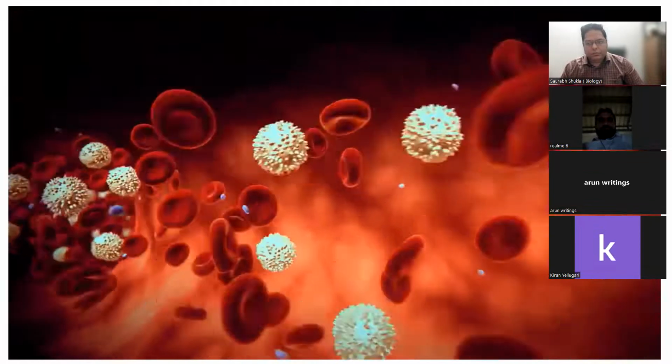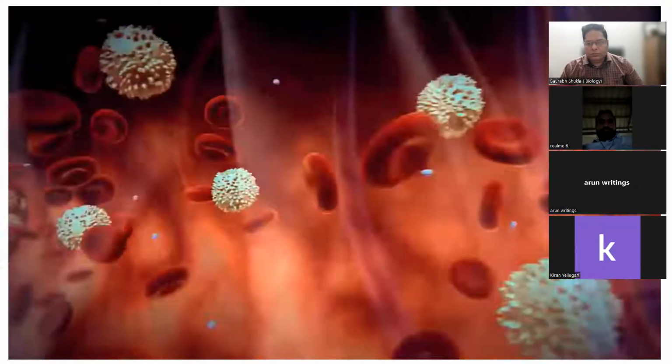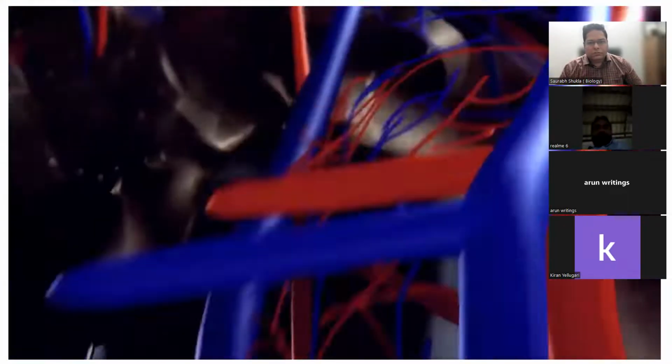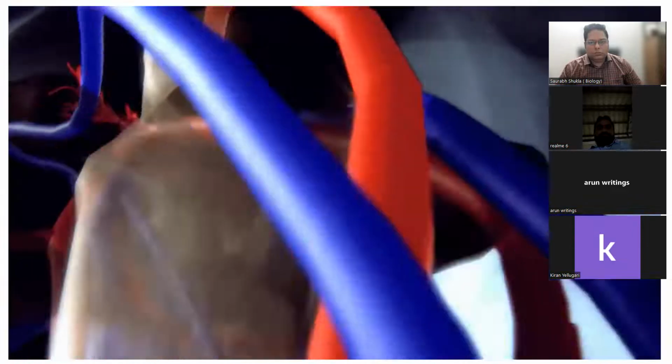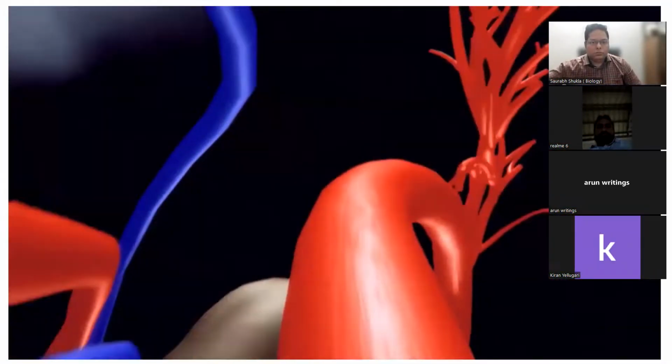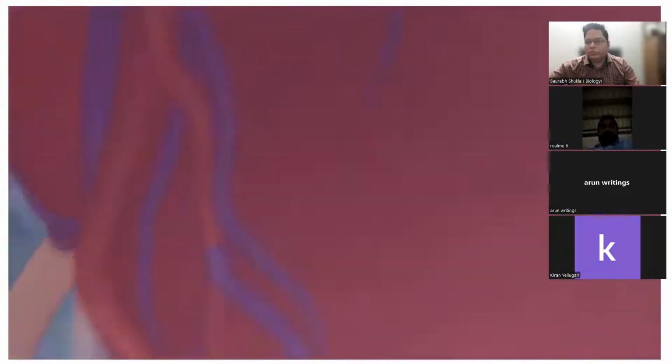Blood. 10 pints of life force, coursing through thousands of miles of arteries, veins, and capillaries. Those blood vessels carry blood to every other organ, keeping them functioning and thriving.